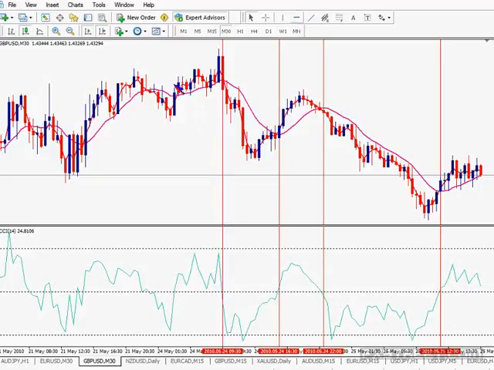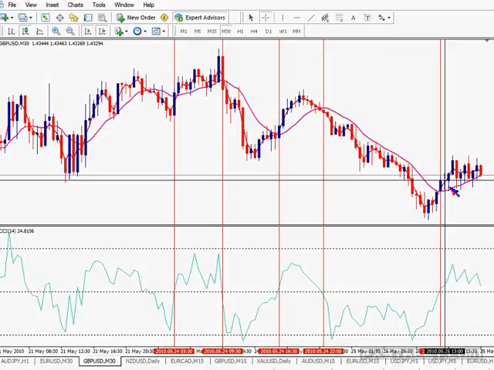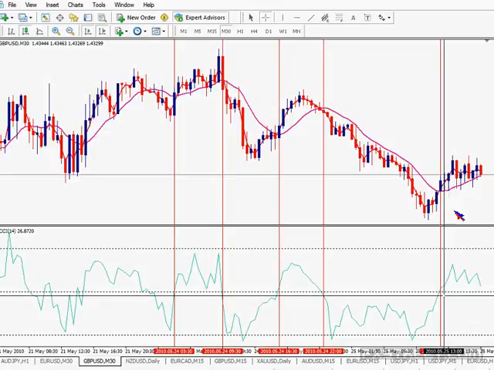Okay. There. Okay, those are the last ones. We are going to take a look also at this one and this one. Okay, those last ones. As you can see, we need to wait for a candle opening, okay, to confirm finally that the CCI cuts the zero line.